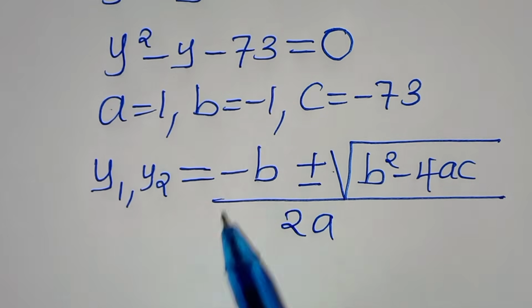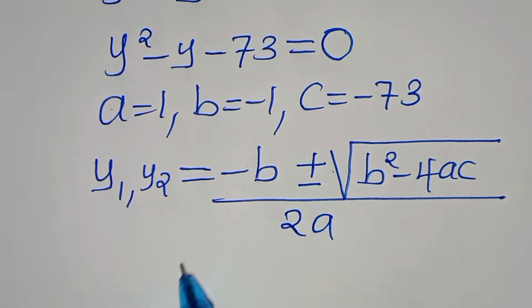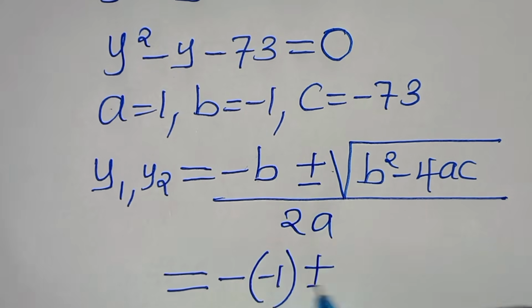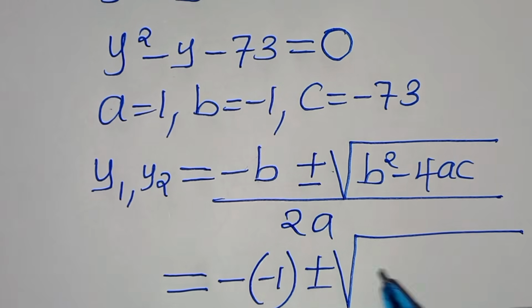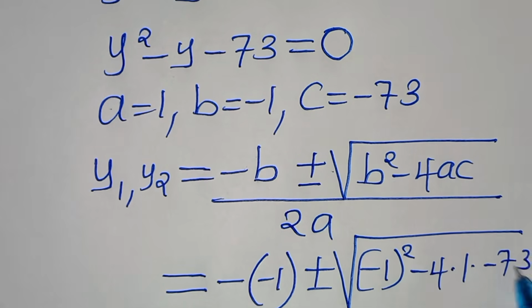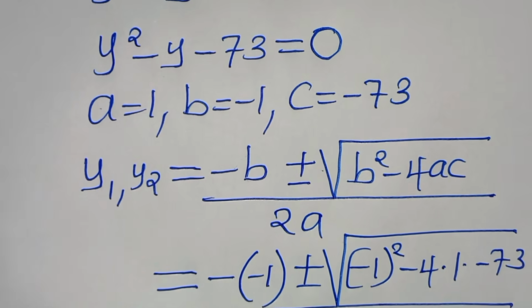Let's substitute the values of a, b, and c into this formula here. So this is minus 1 plus or minus the square root of minus 1 to the power of 2, subtract 4 times a, which is 1, times c, which is minus 73. Everything here divided by 2 times 1.